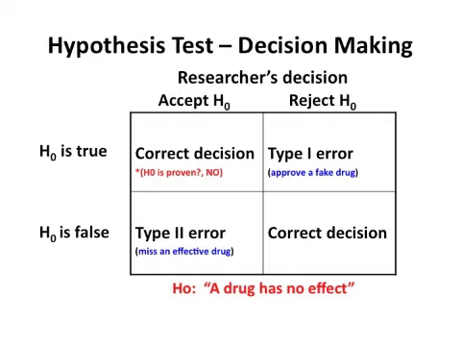Even though in the United States you didn't see the drug effective for people, maybe one day if you carry that drug to the people living in the mountains of Himalaya, it works for them. So you really can't prove H null, but it's easier to reject H null.